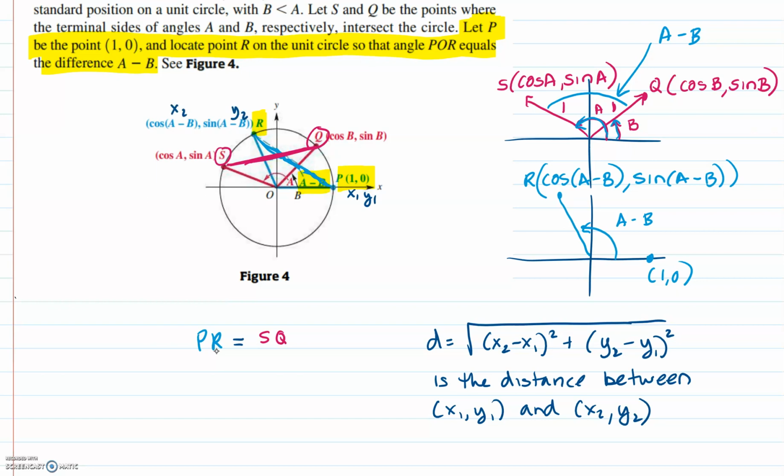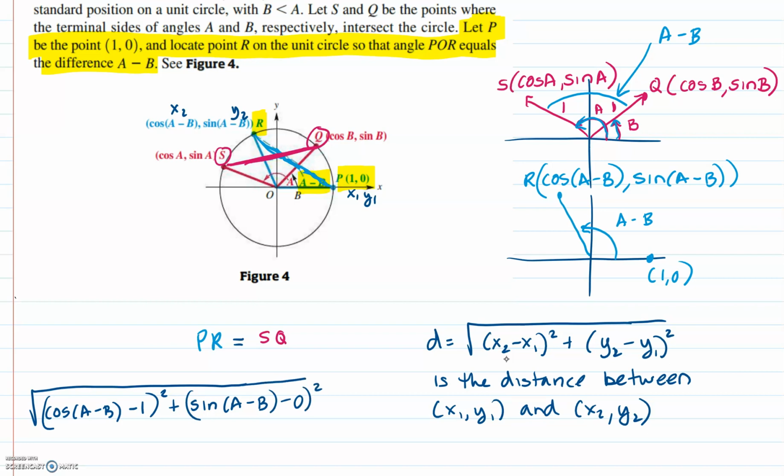And so using this formula, I would get x2, which is cosine of A minus B, minus x1, which is 1, squared, plus y2, which is sine of A minus B, minus 0 squared. Let me extend that.